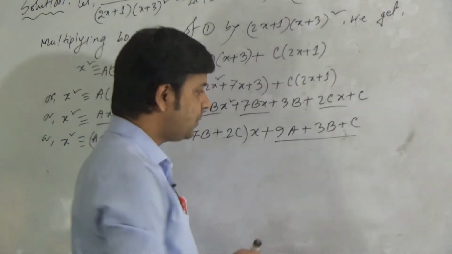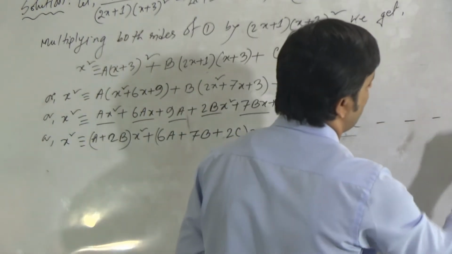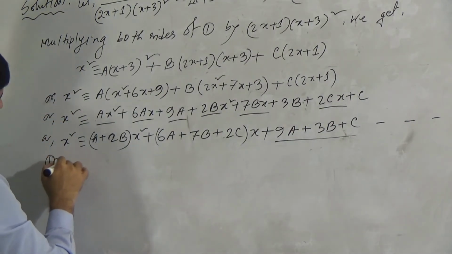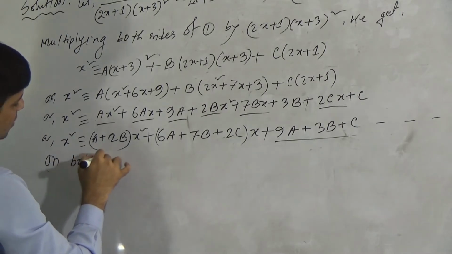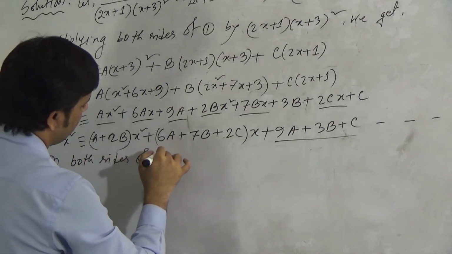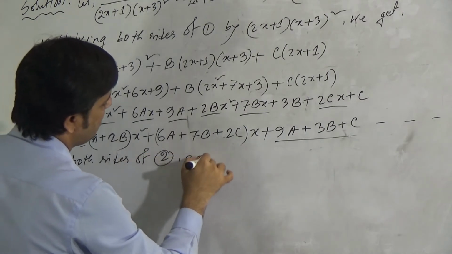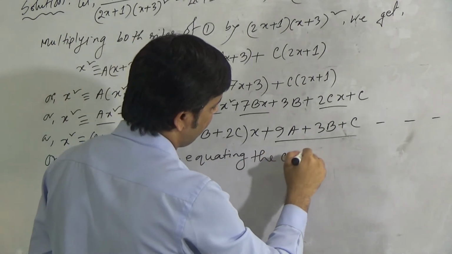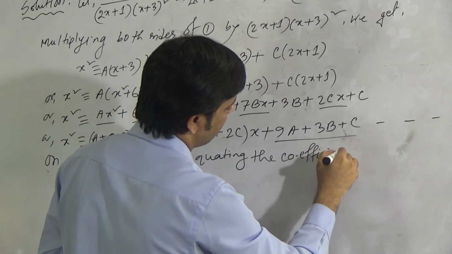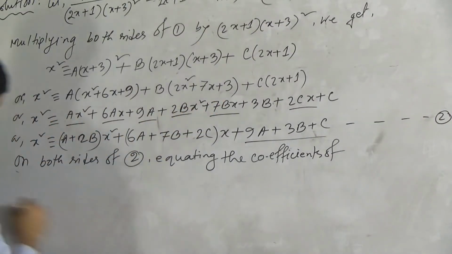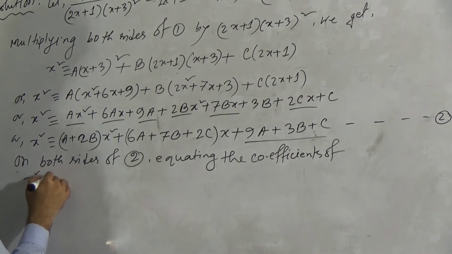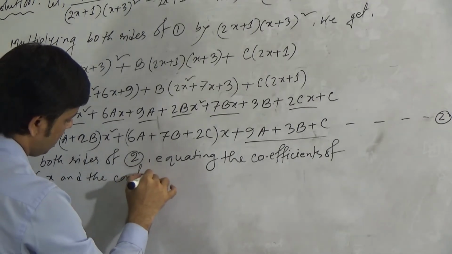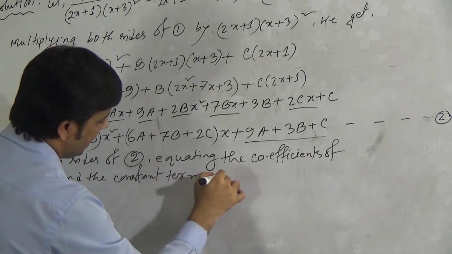So we can write here, this is equation 2, equating the coefficients of x square, x and the constant term on both sides of 2.